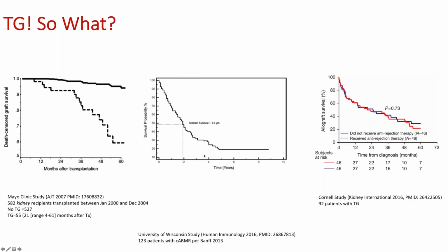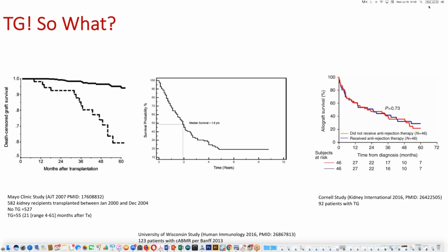Subsequently, another study from University of Wisconsin looked at 123 patients with a Banff 2013 defined chronic antibody-mediated rejection. Here, you can see that the median survival was 1.9 years after the diagnosis of this chronic antibody-mediated rejection. And finally, this survival curve shows our own study of 92 kidney transplant recipients who had a diagnosis of TG.